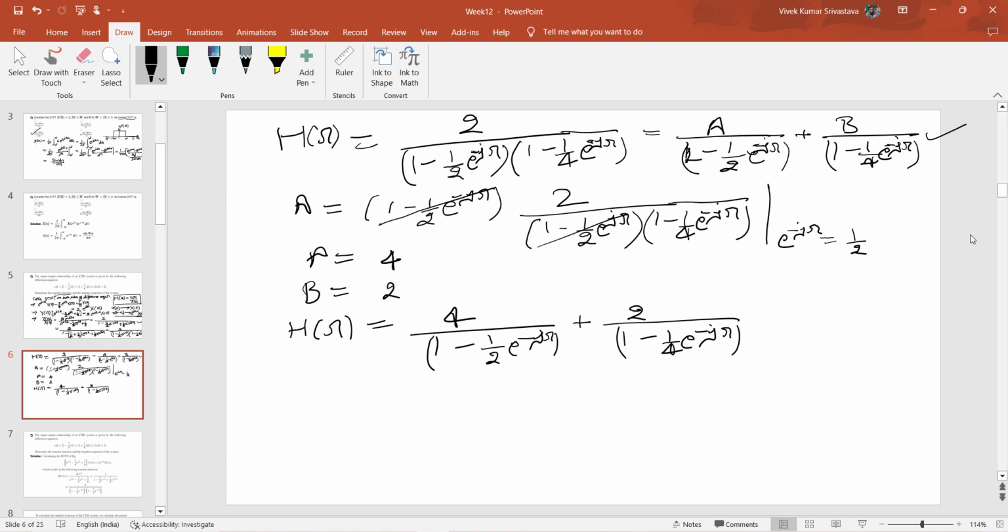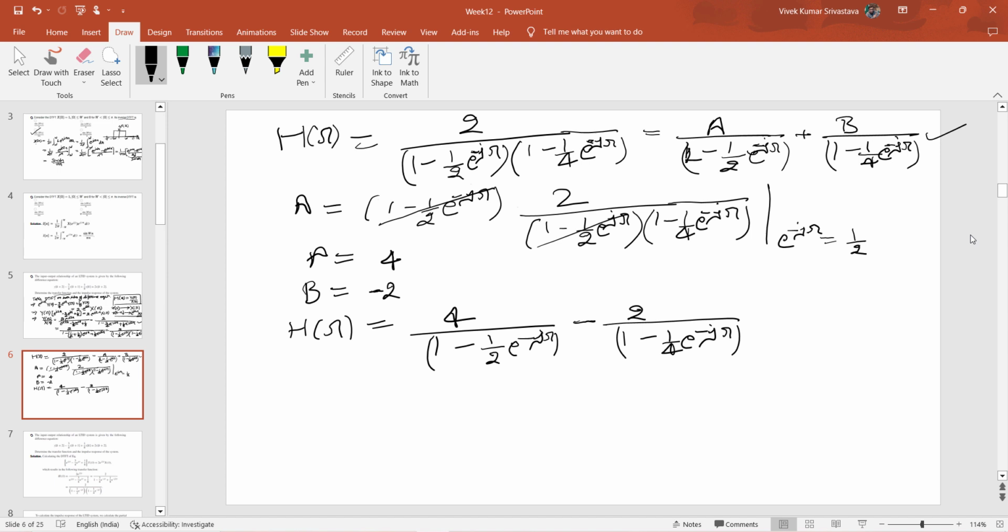Here one mistake is there, the value of b will be minus 2. So b equals minus 2. Now we put the values of a and b in the expression of the transfer function, and we get this expression.